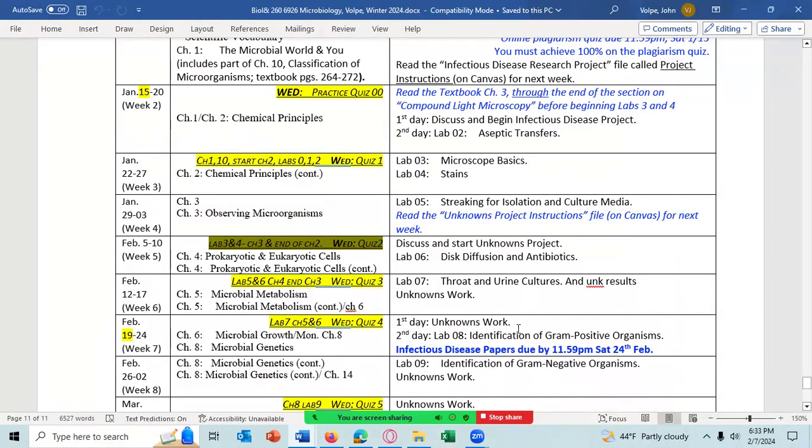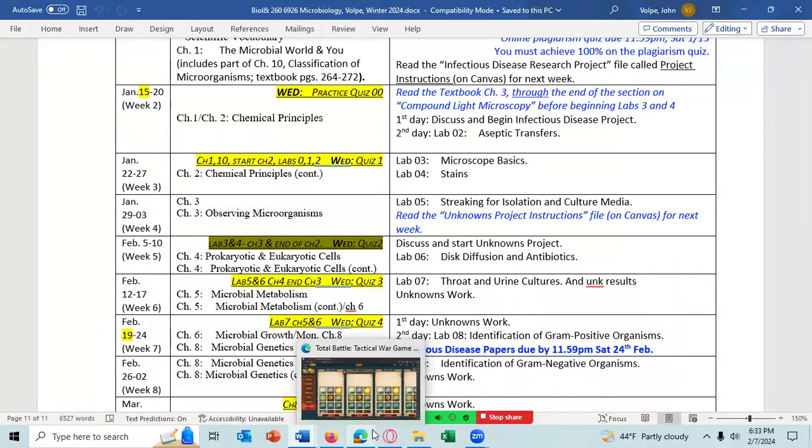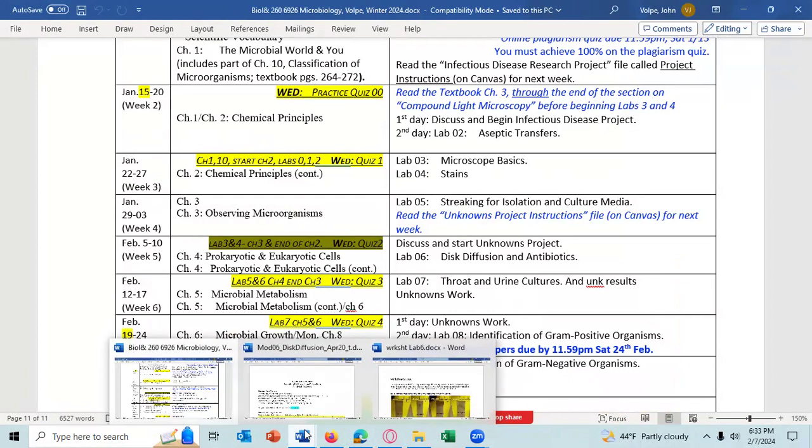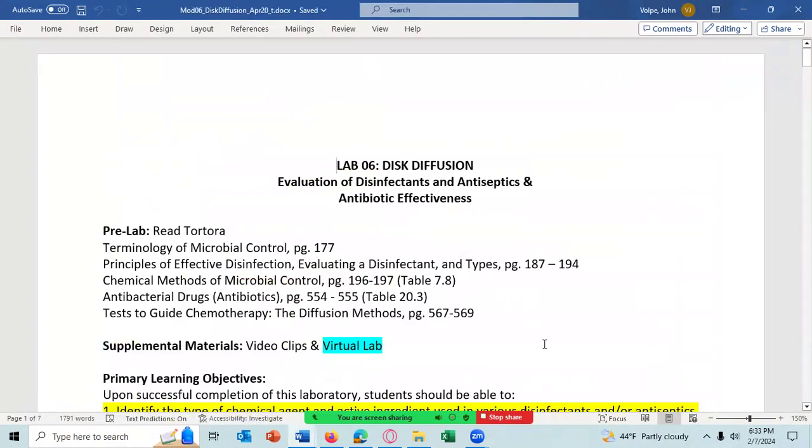All right, today is February 7th, and we're going to be discussing Lab 6, disc diffusion and antibiotics. Lab 6, disc diffusion, evaluation of disinfectants and antiseptics, and antibiotic effectiveness.